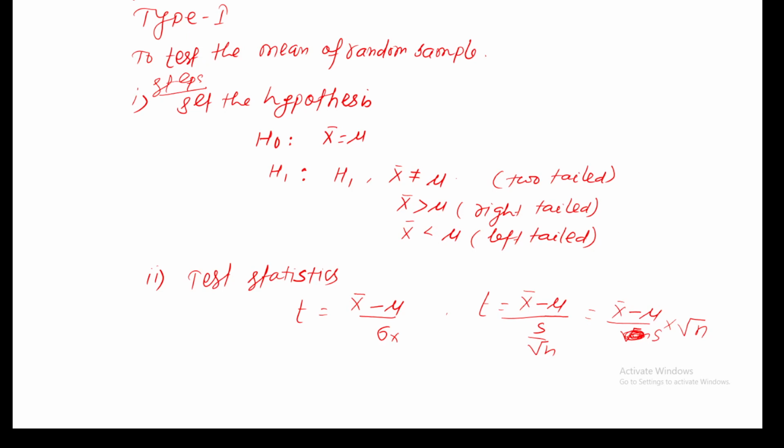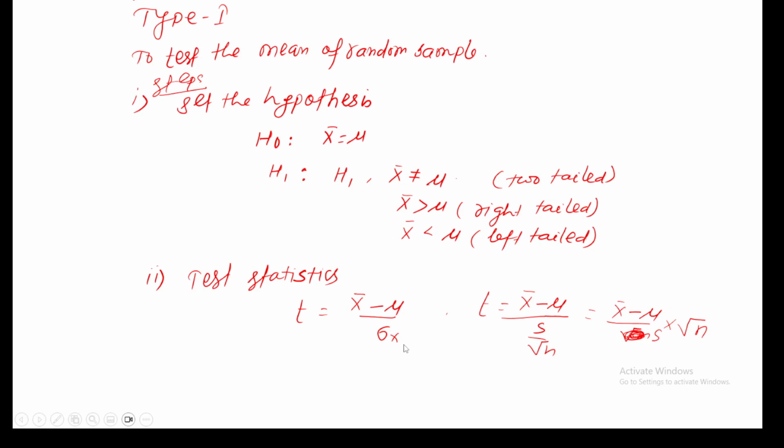You have to define the hypothesis. Null hypothesis means there is no significant difference. Then the alternative will be based upon the question they have given. Then you have to calculate the statistic: T is equal to x bar minus mu upon sigma x. That is always the same for all, but the sigma x value will change for different types of test.